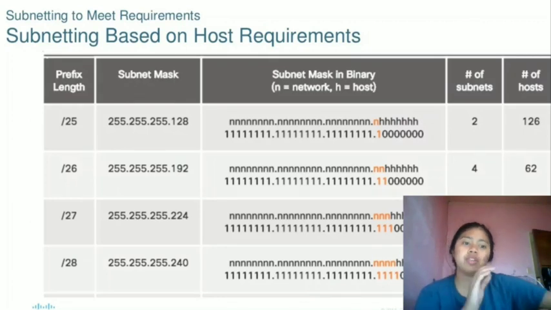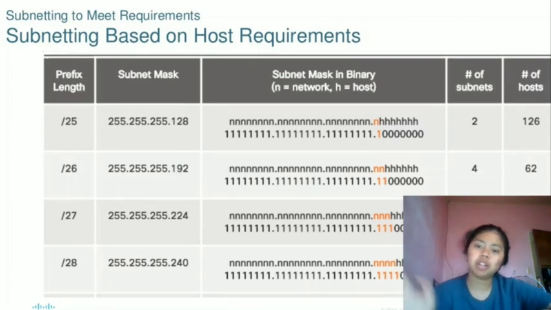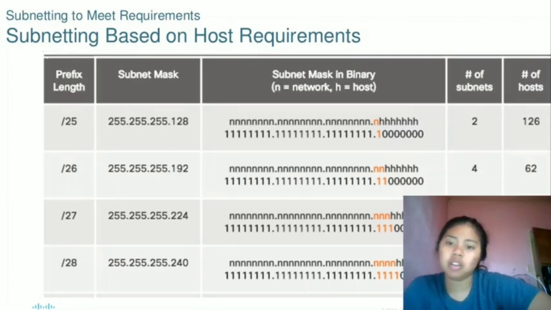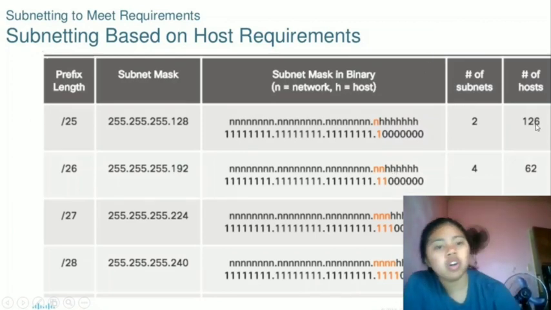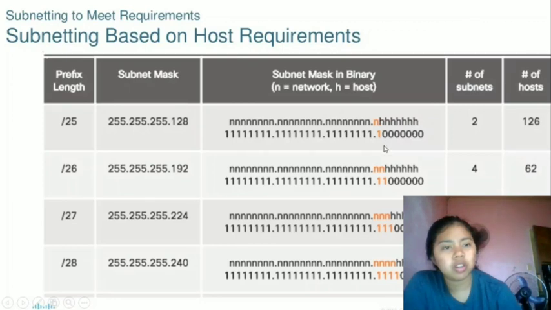You always subtract it from the subnet mask on the last part. Before you get the number of hosts, you need to know the number of subnets.